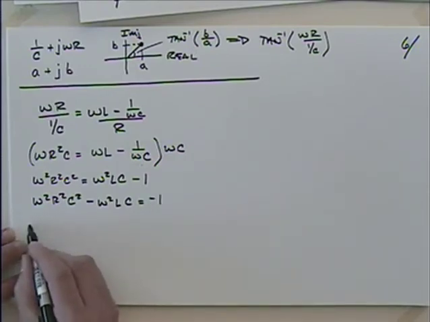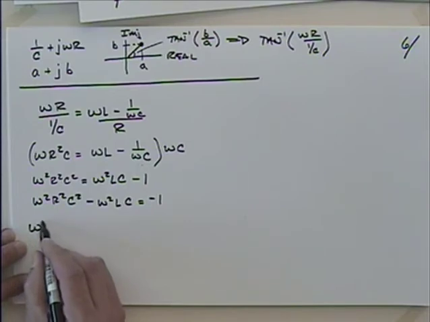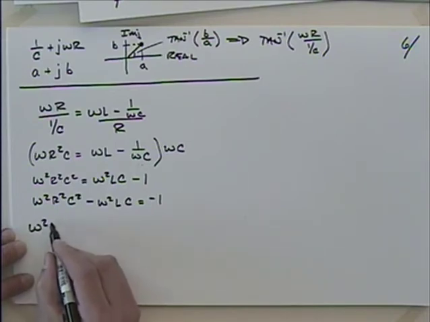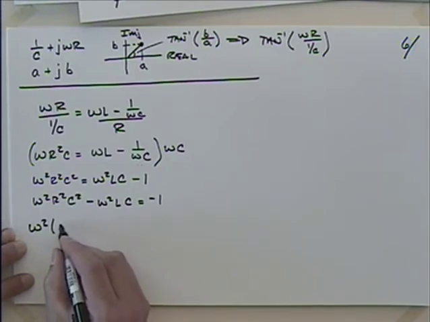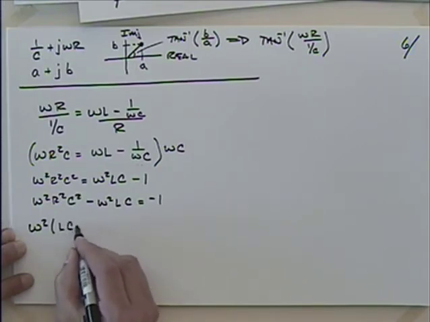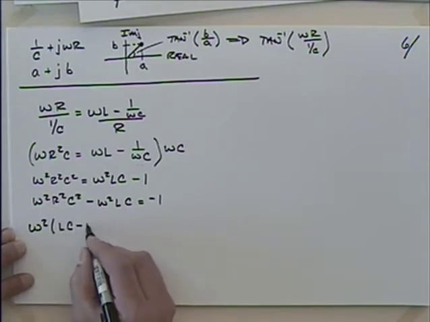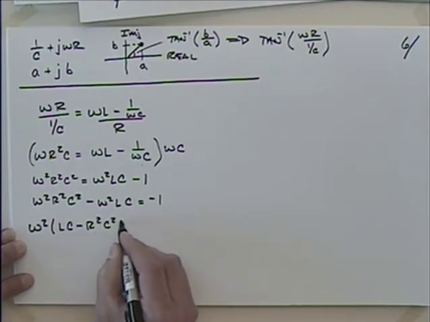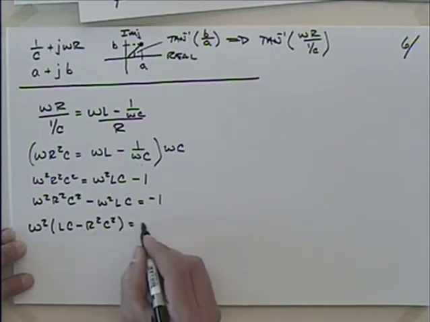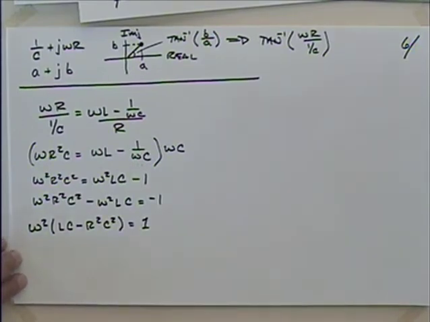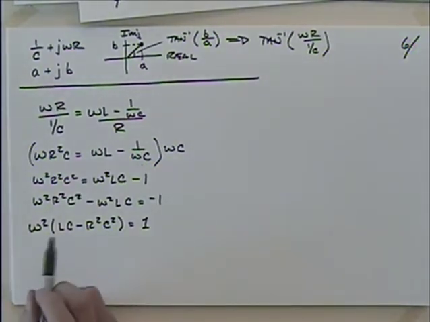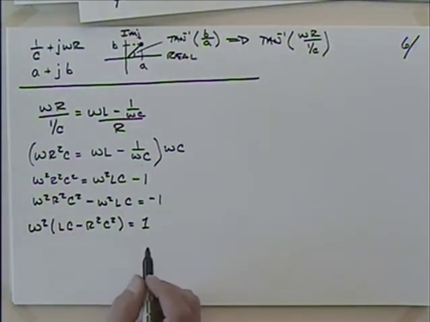So I could factor this out, and I'd say that omega squared times LC minus R squared C squared is equal to 1. So I switched the negative sign on the left so I could get rid of the negative on the right.